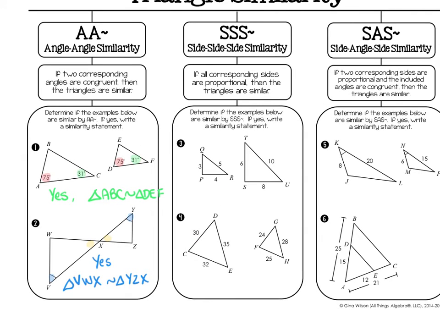Another way that we can prove similarity is using the side-side-side similarity postulate. And that postulate says if all corresponding sides are proportional, then the triangles are similar. Let's look at some examples. It says determine if the examples below are similar by side-side-side similarity. If yes, write a similarity statement.